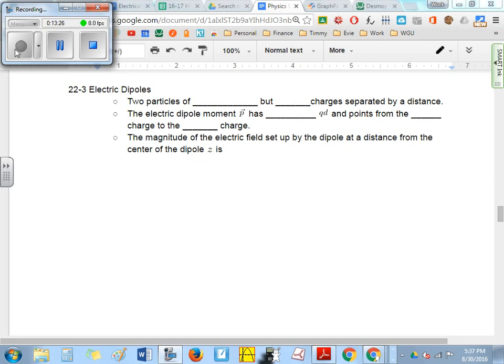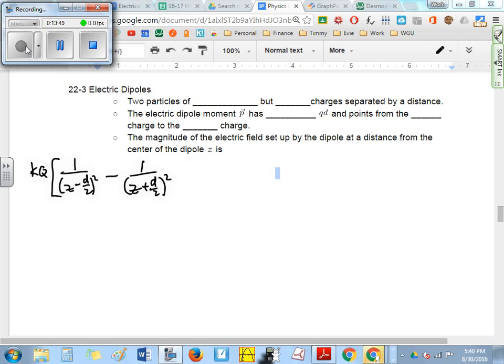The first thing I'm going to do to clean this up is to pull out the kq. All right, so this gives me 1 over z minus d over 2 squared minus 1 over z plus d over 2 squared.